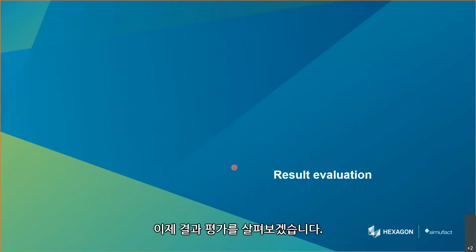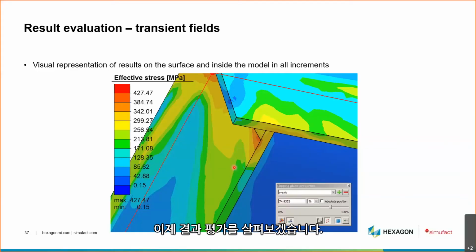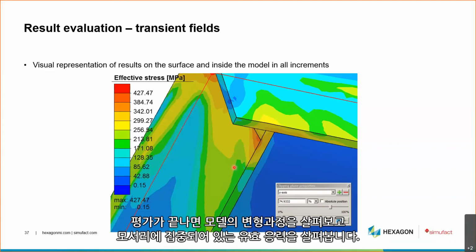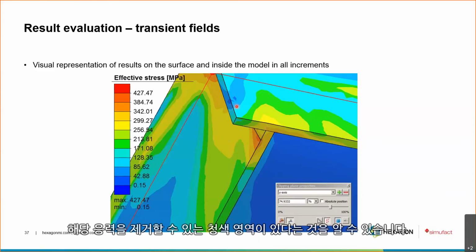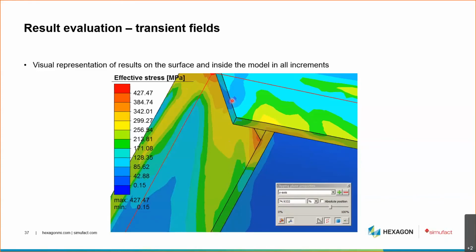A couple of words about the result evaluation. Of course, after the calculation, we have transient fields, so we can just take a look into our model and see that, for instance, here the effective stress is concentrated in the corner, and here we have this blue area with relatively low stresses.